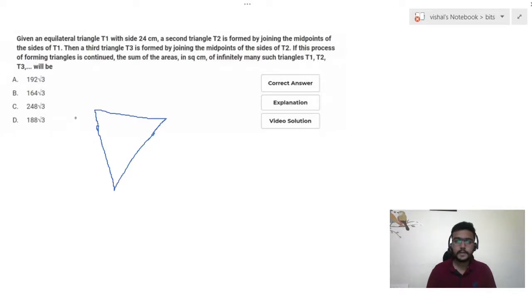The sides of the T1 triangle are given as 24 centimeter. Then in the next step, a new triangle is formed by joining the midpoint of every side, and when we connect it, it will form a triangle, and the dimension of this triangle T2 is half of the previous one, which is 12, 12, 12.